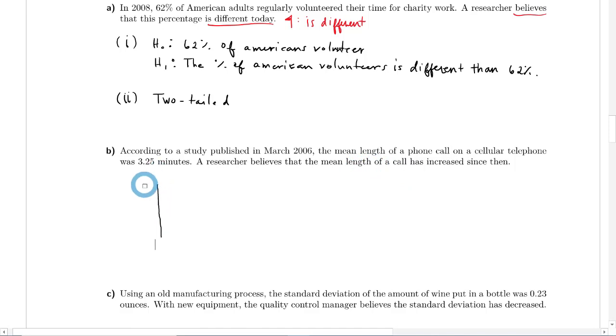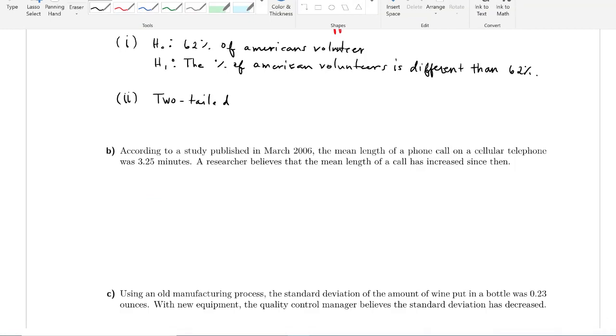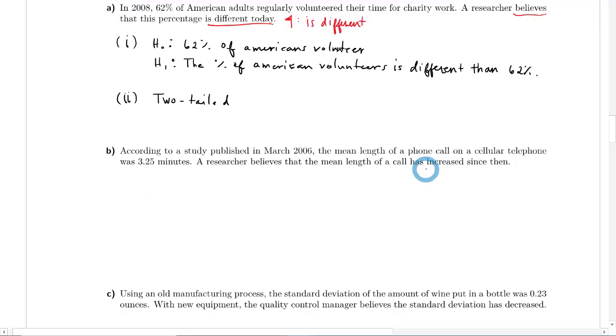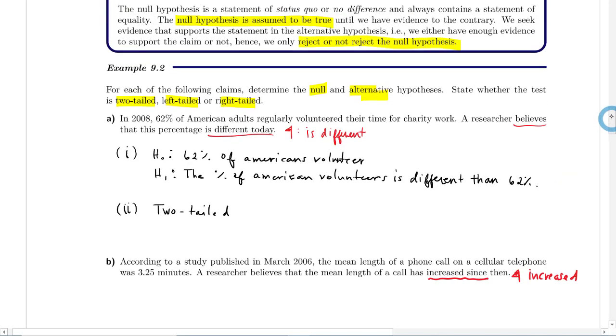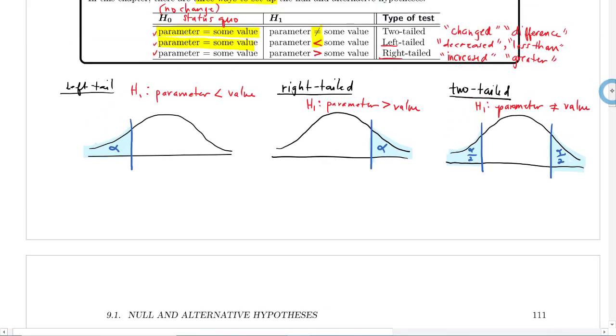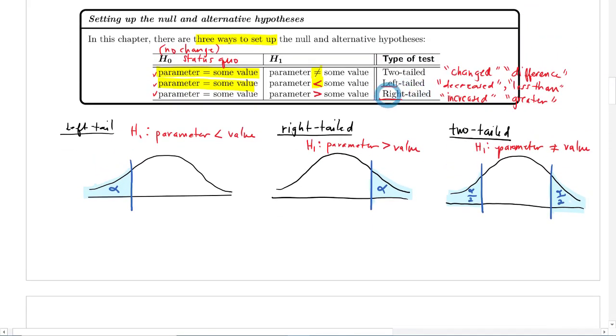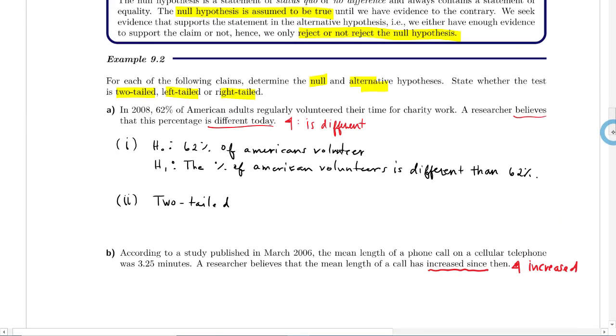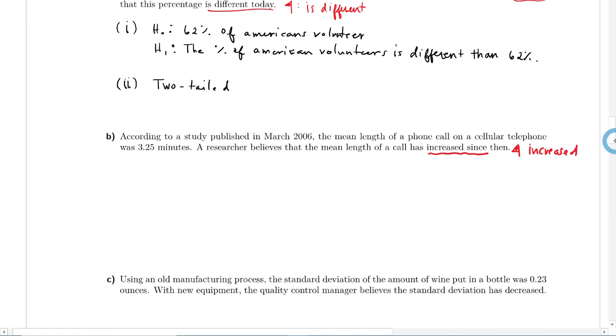Here we can see the red flag: it says increased. So you go back up to your table and see that increased is right-tailed with a greater than symbol. So we have the right-tailed scenario here.